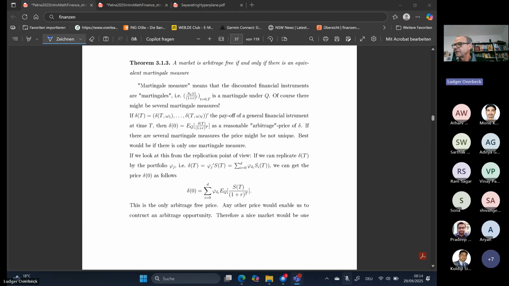Can't switch here. How do I get rid of it? How do I get to the other one?